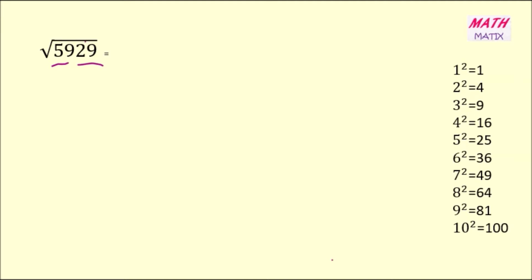First step is taking this first pair 29, and since 29 is ending in number 9, we have to see which numbers are ending in 9 in this table. That is 3 square is 9 and again 7 square is 49. Both of these are ending in 9. So I am writing 3 and 7 and keeping it aside. That is the first step.